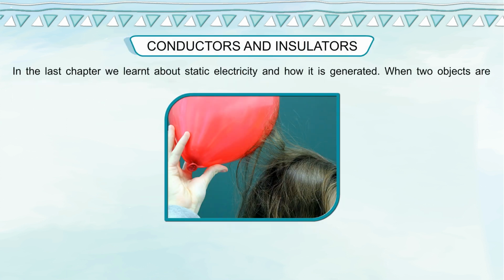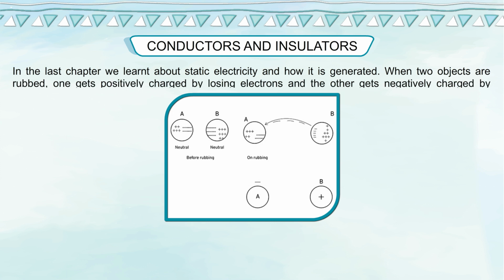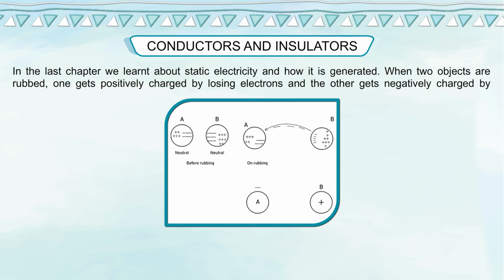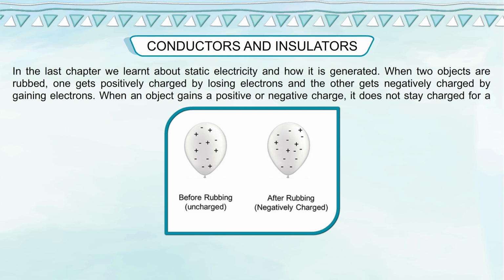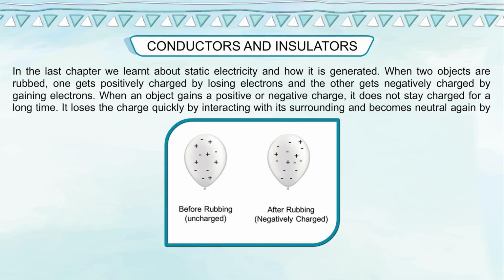Conductors and insulators. In the last chapter, we learned about static electricity and how it is generated. When two objects are rubbed, one gets positively charged by losing electrons and the other gets negatively charged by gaining electrons. When an object gains a positive or negative charge, it does not stay charged for a long time.